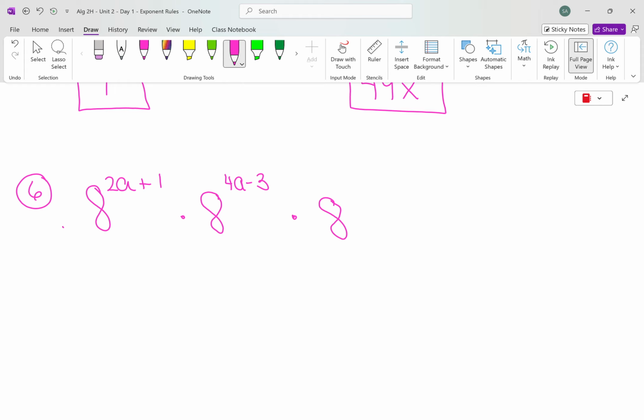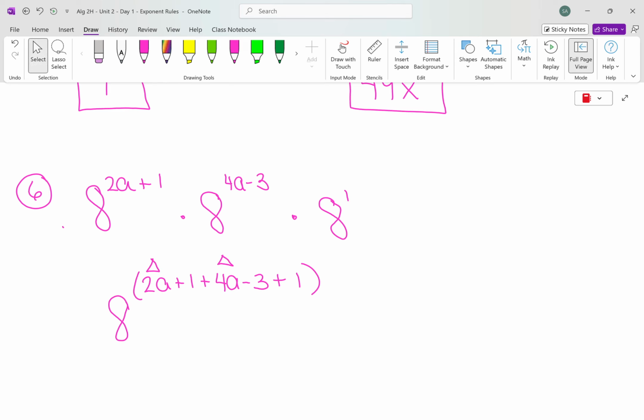It's a base. What does the rule say? Keep your base and do what with your exponents? Add them. So I'm going to keep my base of 8, and I'm now going to add 2a plus 1 plus 4a minus 3. That last 8, what does it have an exponent of since nothing's written there? 1. So plus 1. Don't forget that plus 1.